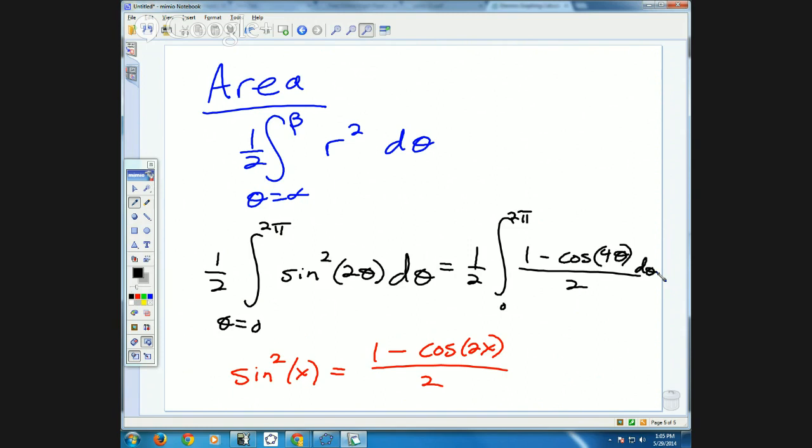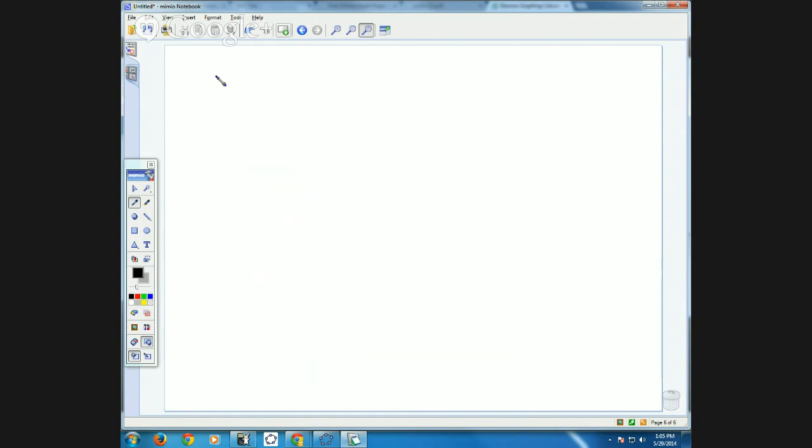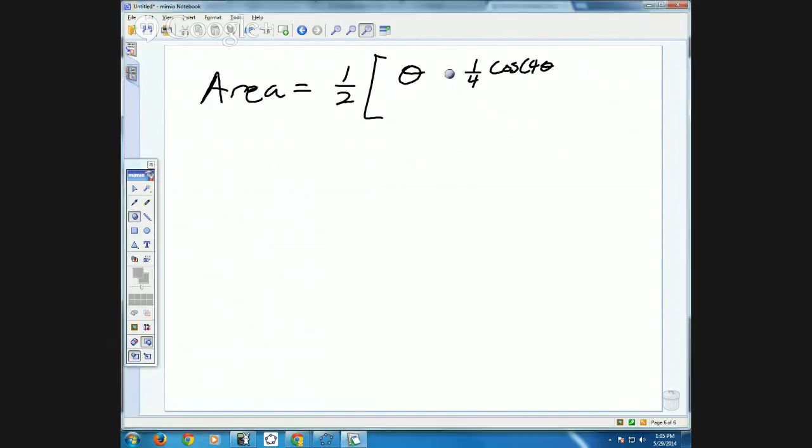So area is going to equal that 1/2 out front. I'm going to have a theta plus 1/4 cosine 4 theta. No, it's still minus. Wait, all over 2. Did I mess that up?